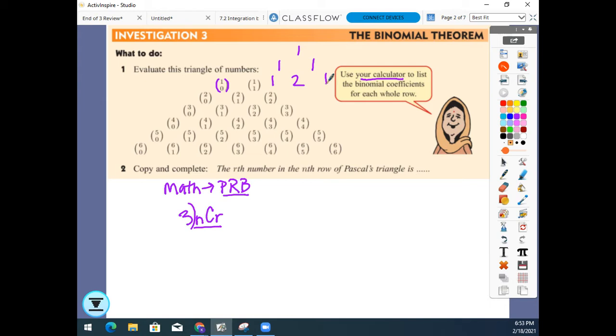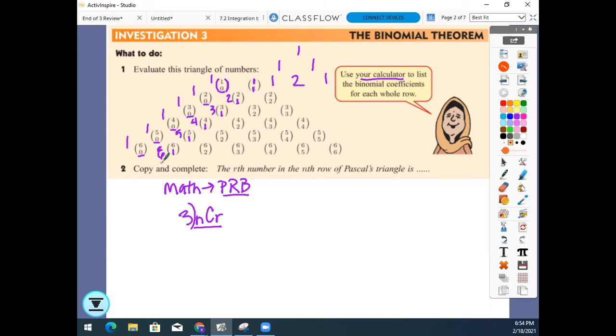Anytime you choose 0, anything choose 0, there's only one way to choose the 0 items. If you're choosing 1 out of 1, there's only 1. If you're choosing one thing out of 2 things, there's 2. So if the bottom number is 1, this is going to be 2, 3, 4, 5, 6.